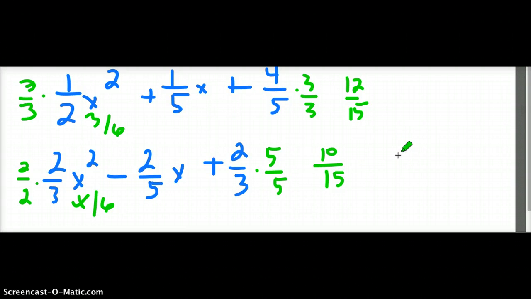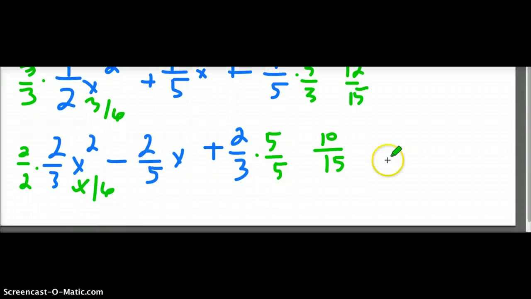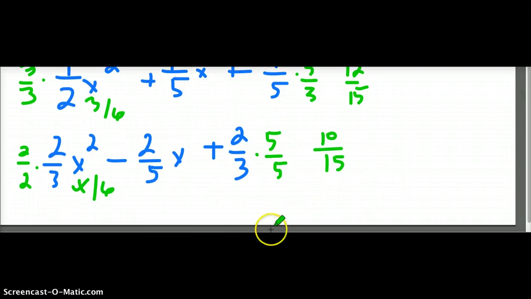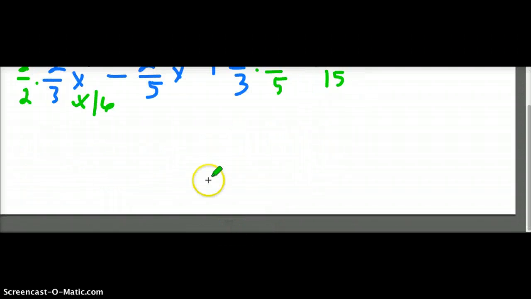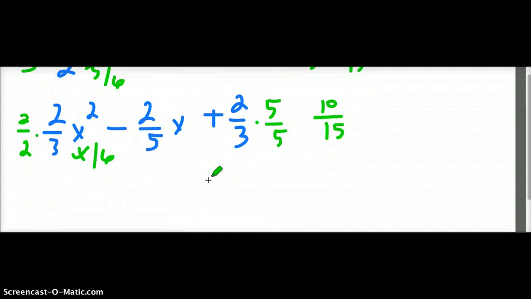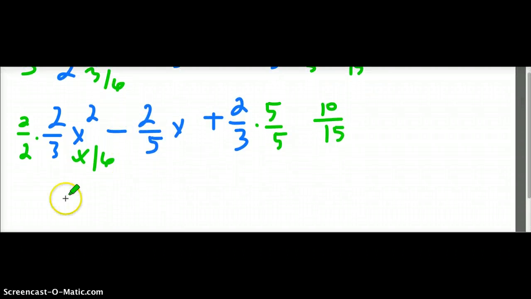So now we'll add 3/6 and 4/6. We just add the two numerators together, so that's 7/6 x squared.